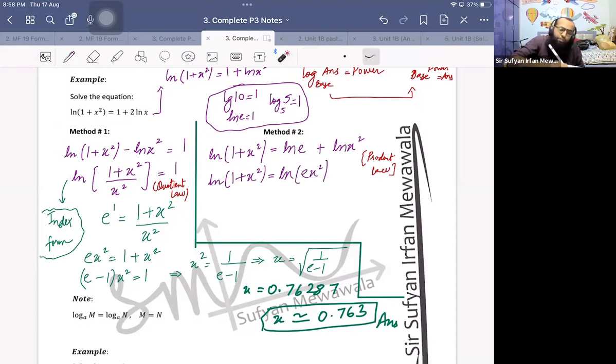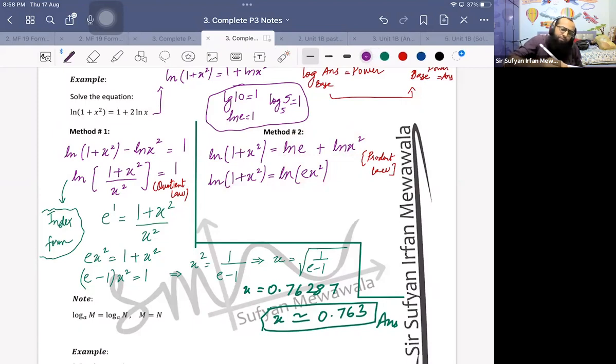Addition gets converted to multiplication. In addition form, log is twice. In multiplication form, log is once. So we have written ln and we have multiplied e by x square. So it becomes ln(e x square). ln(1 plus x square) is equal to ln(e x square).